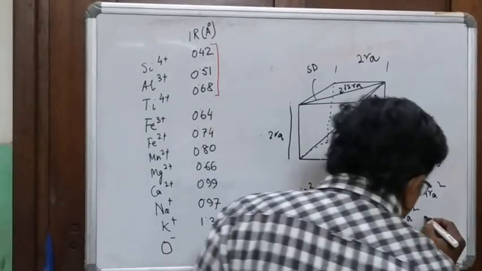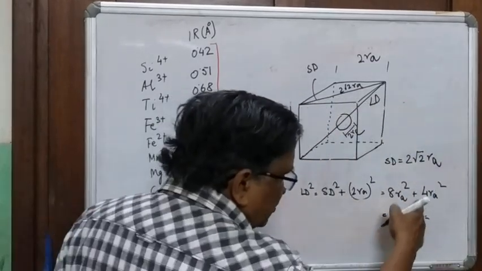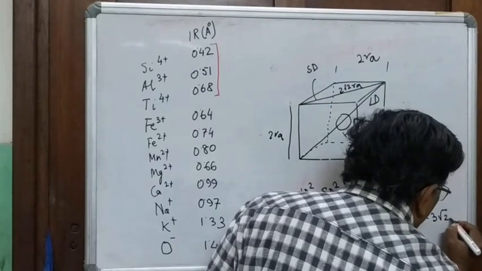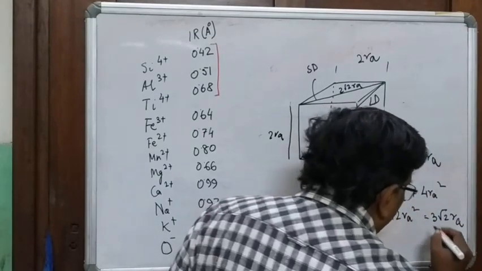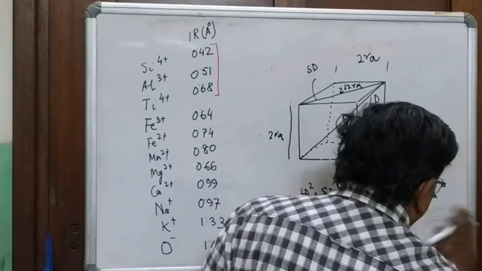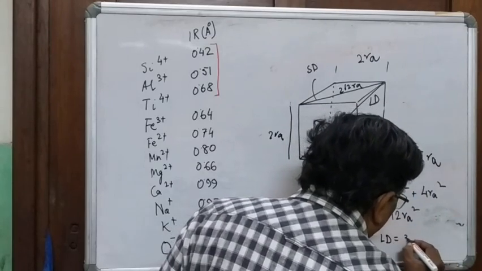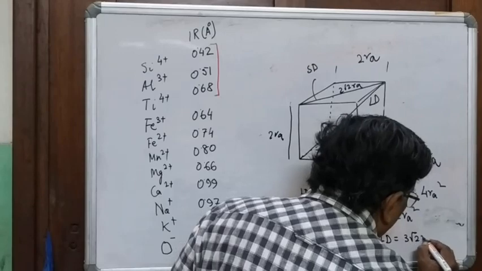This would be then 4Ra squared into 3. So the long diagonal will be equal to 3 root 2 Ra.